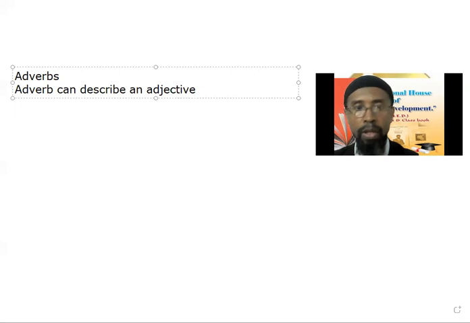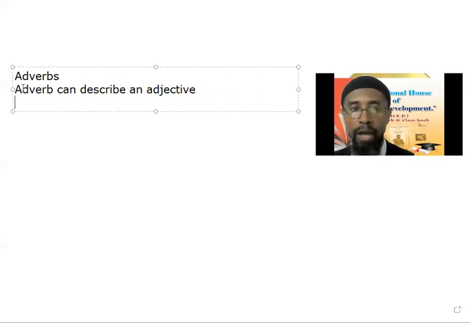Okay, so in that case, it's going to go before the adjective. And I could make it generally plural. Adverbs can describe adjectives.